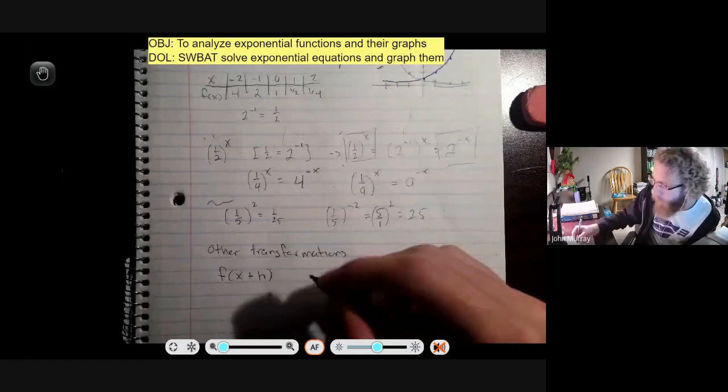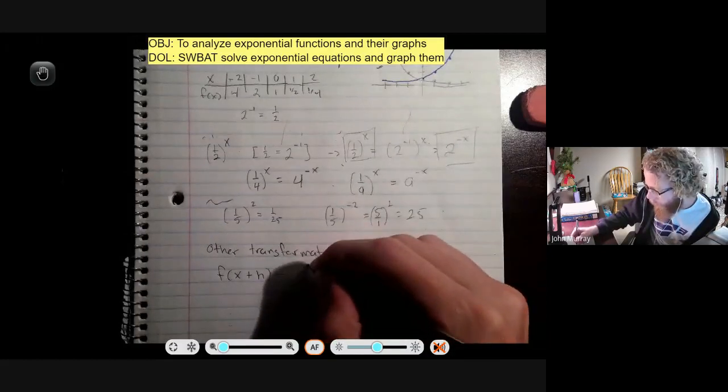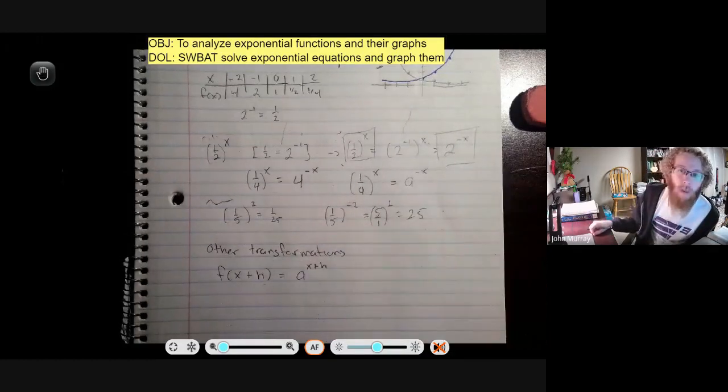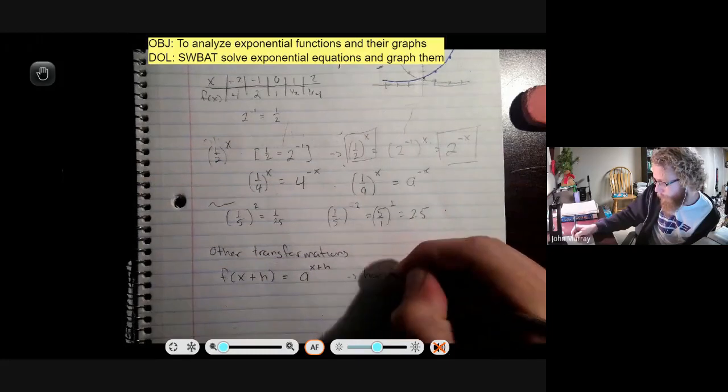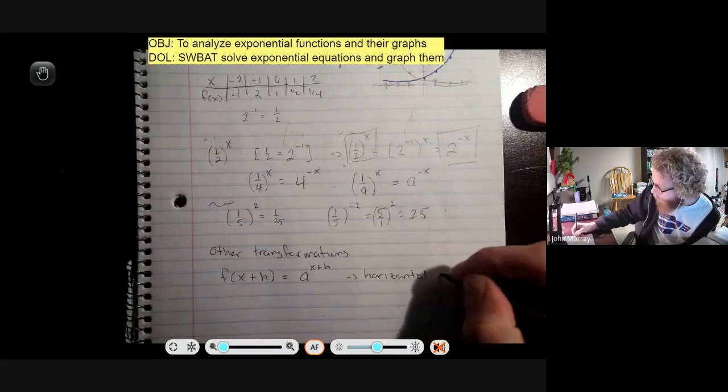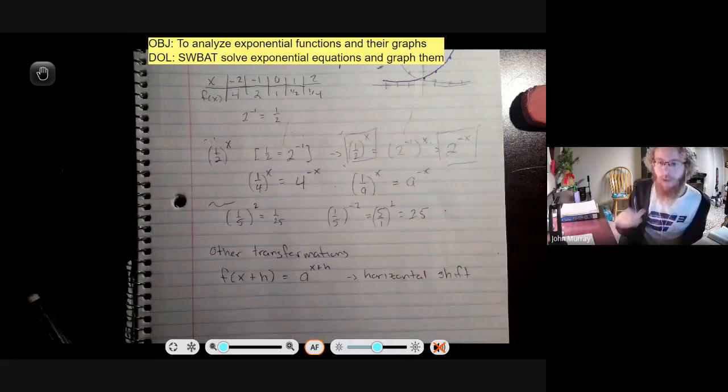Okay, I can add to the exponent. When we add to the exponent, if you're going back to algebra, when we have an addition or subtraction on the inside, that gives us a horizontal shift. So let's just go back to our basic function here.